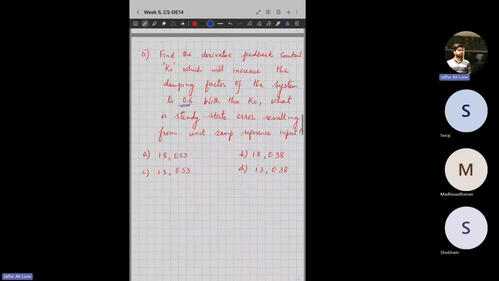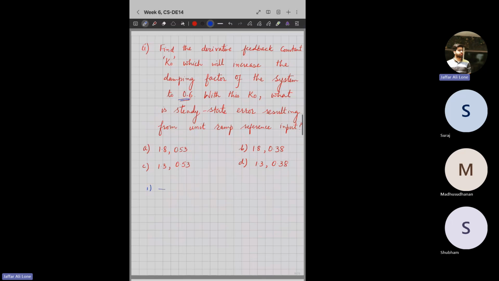So our first part of the question is, we have to find K naught such that the damping factor is 0.6. Perfect. Then in the second part, with the obtained K naught, what is the steady state error resulting from a unit ramp reference input? Fine.